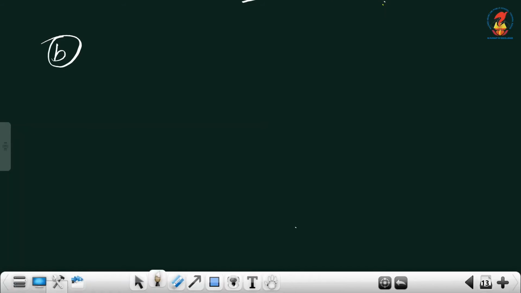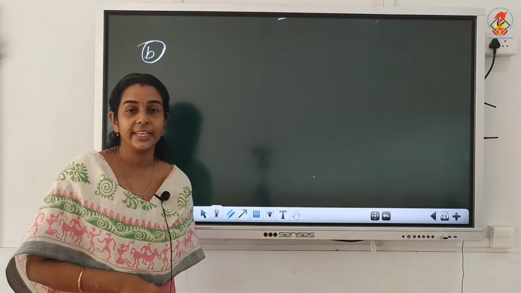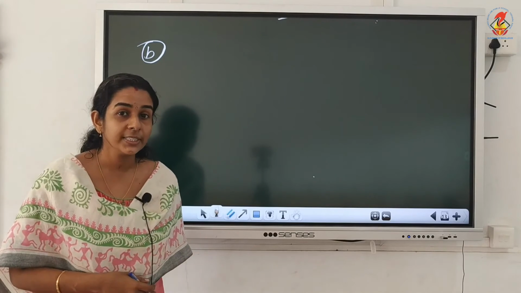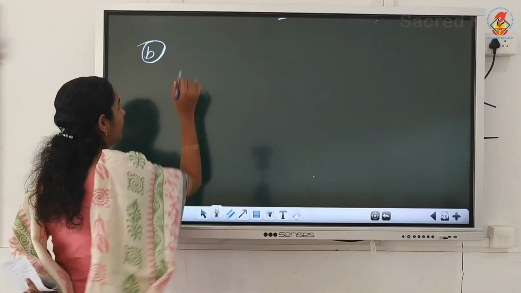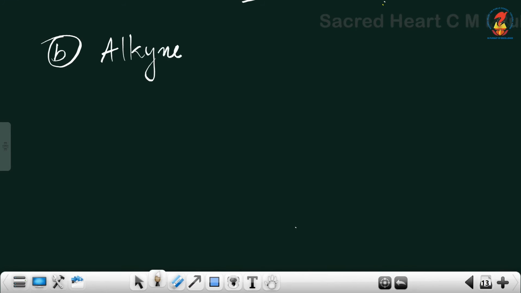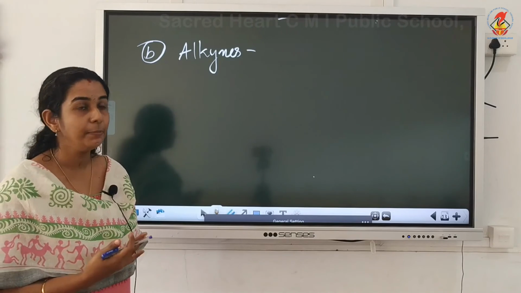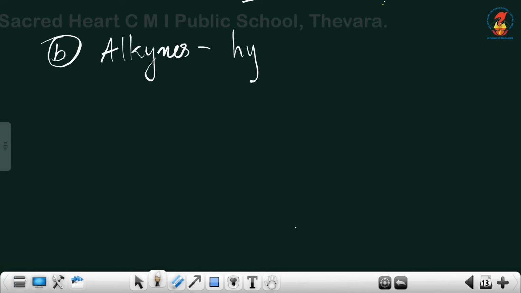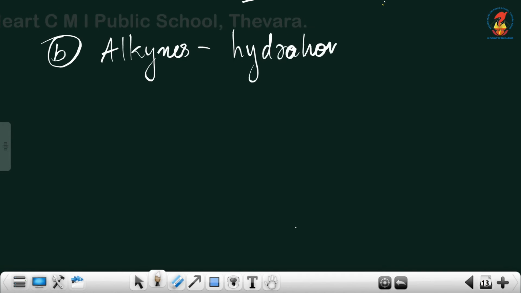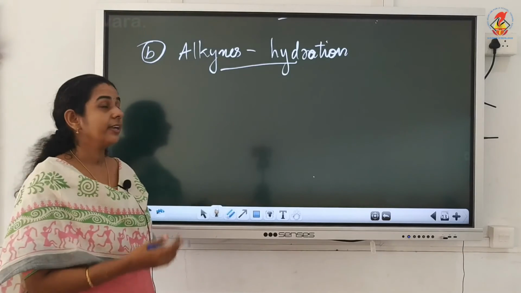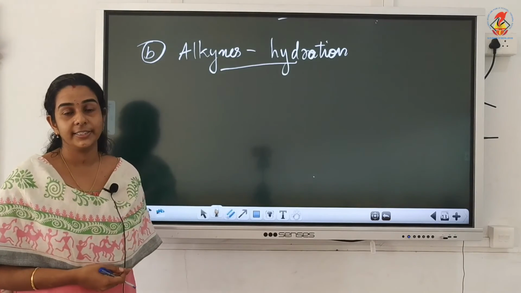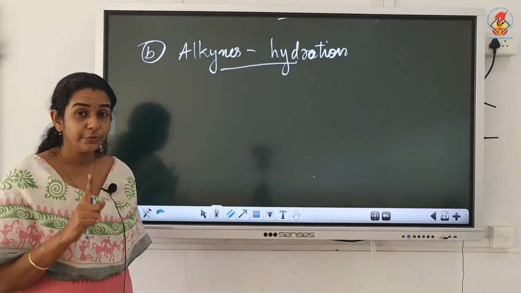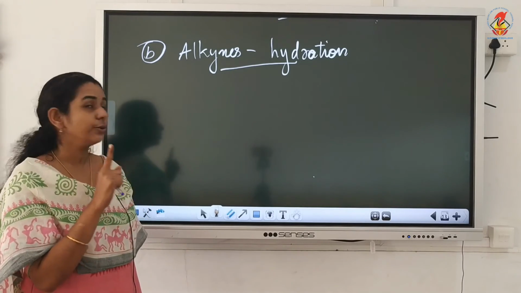Now, the second preparation method of aldehydes and ketones from hydrocarbon is from alkynes. From alkynes, meaning those containing a carbon-carbon triple bond, we are preparing aldehydes or ketones by the hydration method. How are we doing the hydration of alkynes? First of all, study the reagent for the hydration of alkyne.